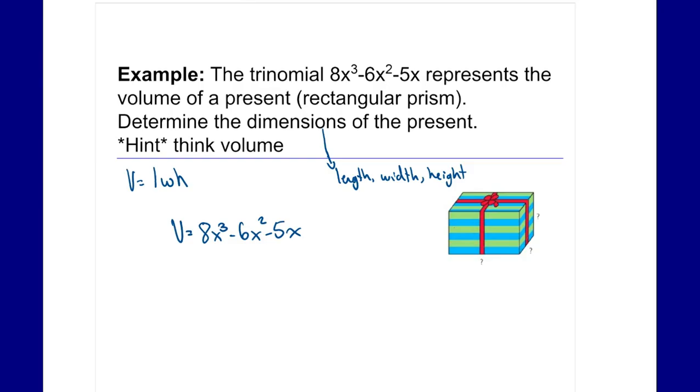So in our case, we can try to factor this trinomial and see if we can get three factors.